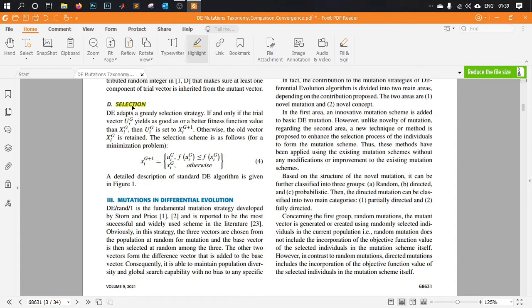And finally, they perform a selection where they check if the solution is better, so they take it, otherwise they don't. So you can test.